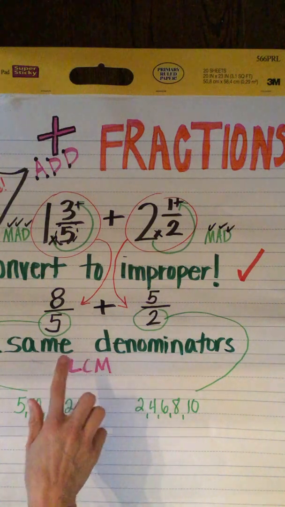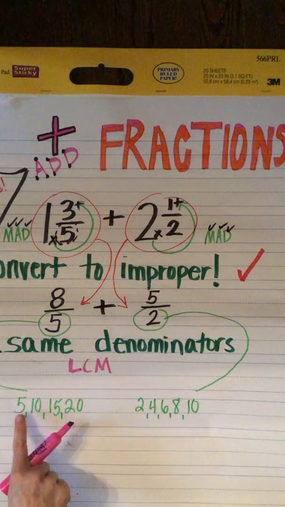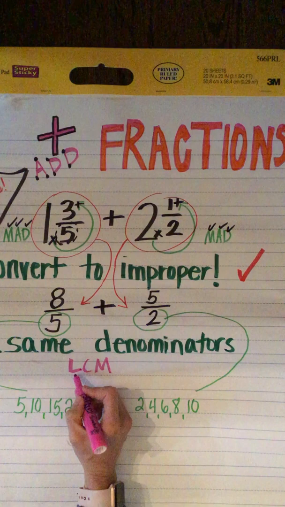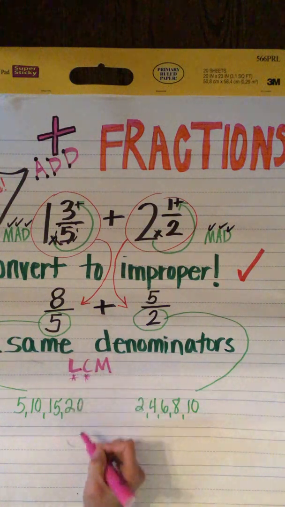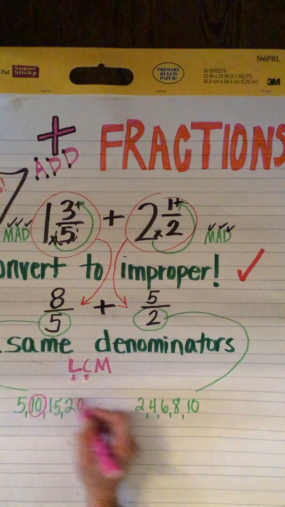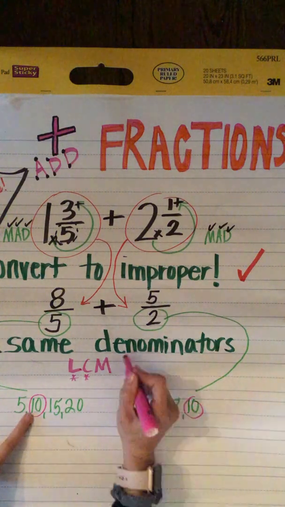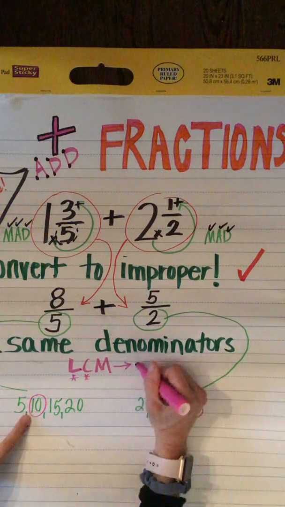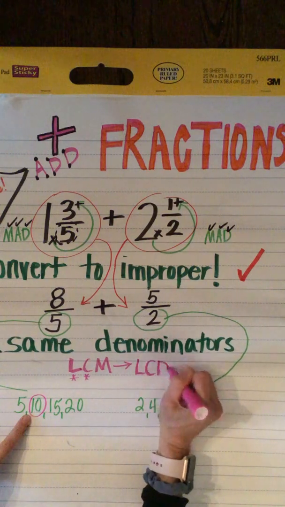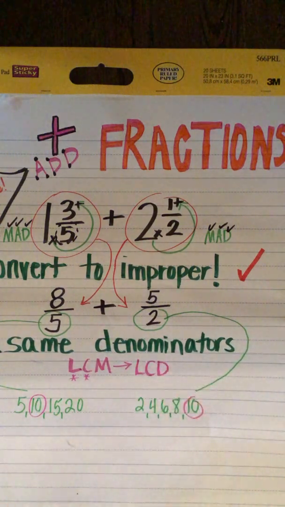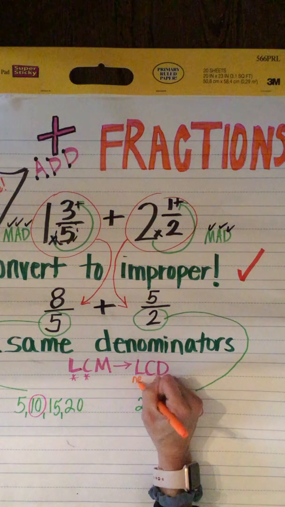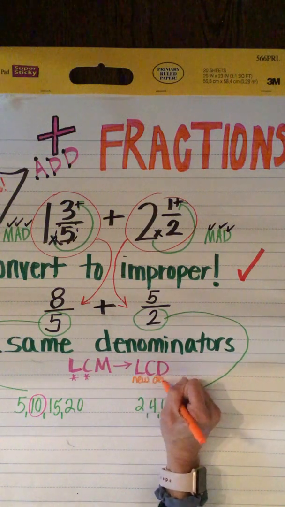What kind of multiples? Least common multiples. The smallest one they have in common. Ooh, that's a 10. Hey, the least common multiple becomes the least common denominator, or another way to say that is the new denominator.